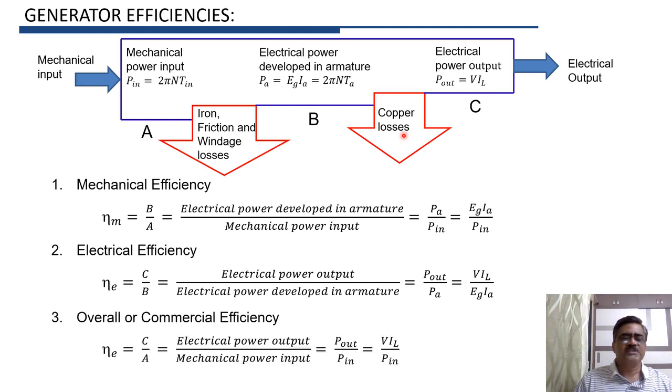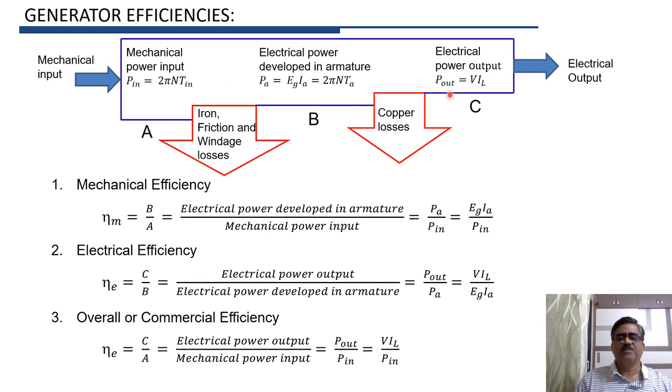And the third efficiency is overall or commercial efficiency. It is the ratio of C to A, that is electrical power output divided by mechanical power input, that is P out divided by P in.